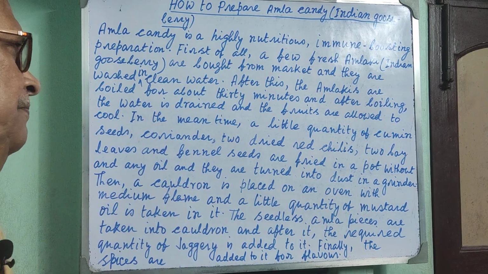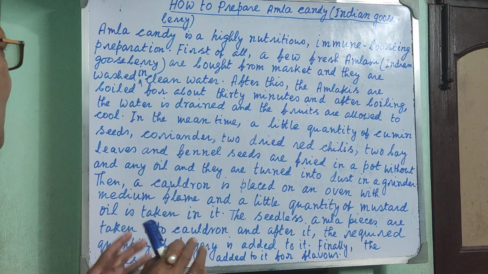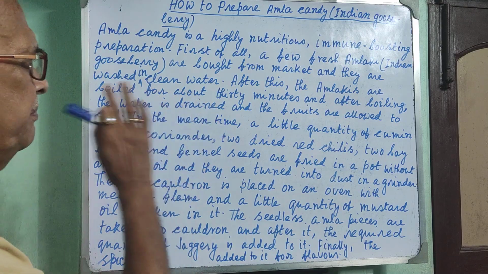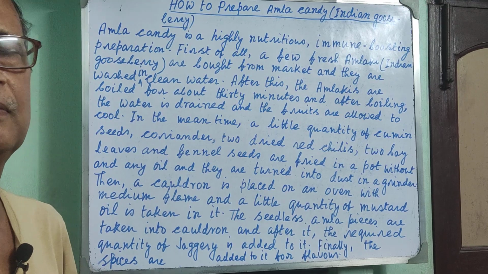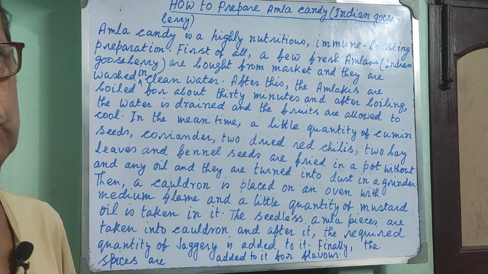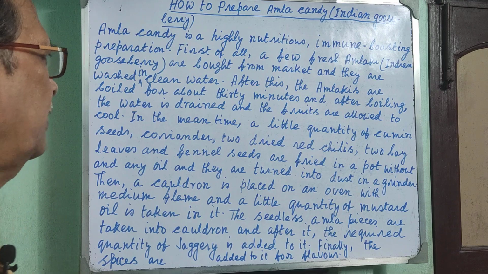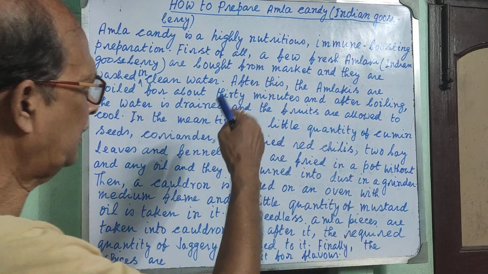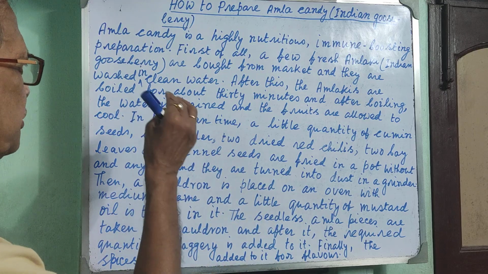After this, the amlakis are boiled for about 30 minutes in hot water in a pan. You must boil the fruits for about 30 minutes. And after boiling, the water is drained.